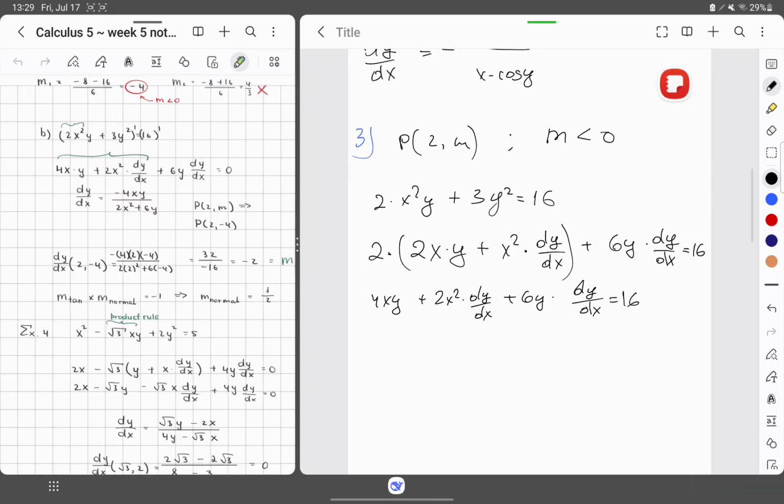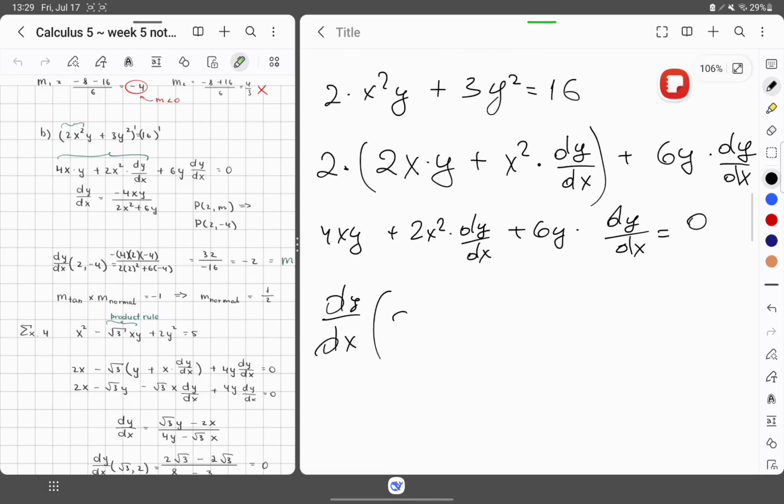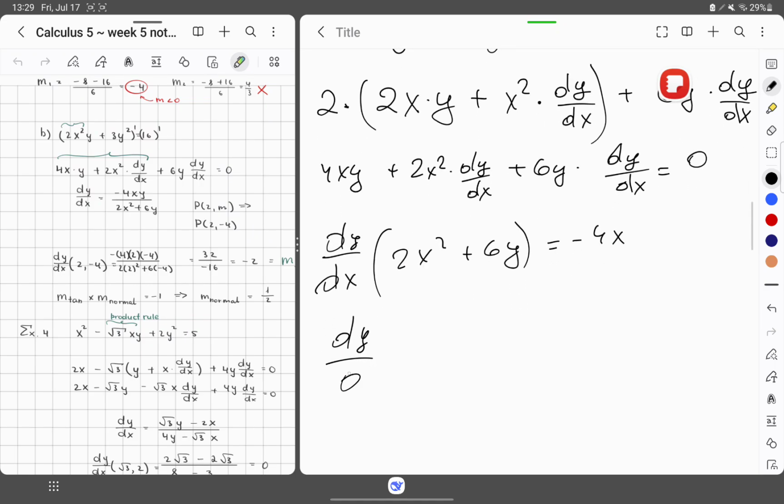So we need to find the derivative of the functions, but I forgot to find the derivative of 16 and it will be 0. So dy over dx will be what? 2x squared plus 6y equals negative 4xy, and dy over dx will be negative 4x over 2x squared plus 6y.